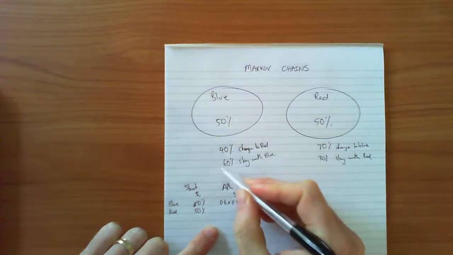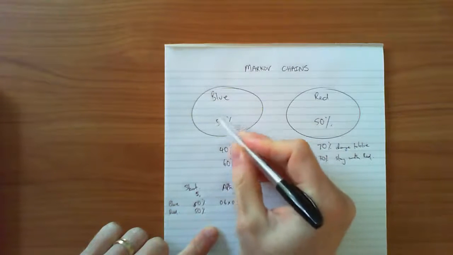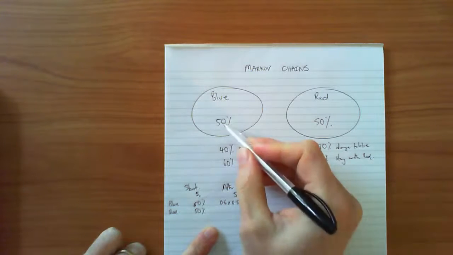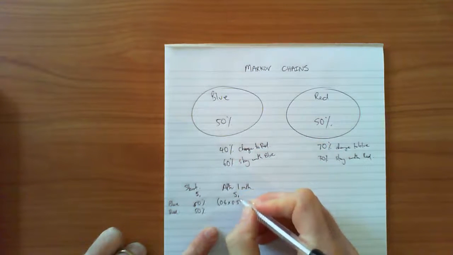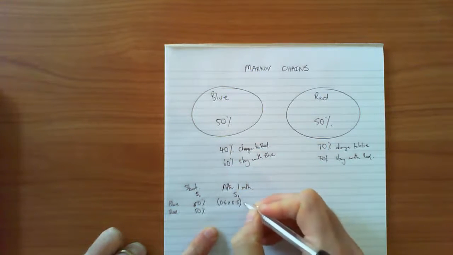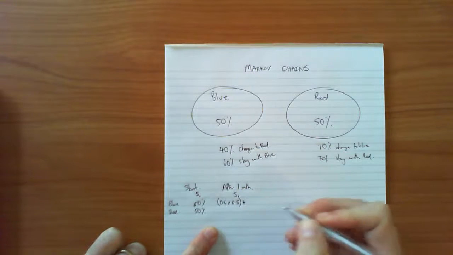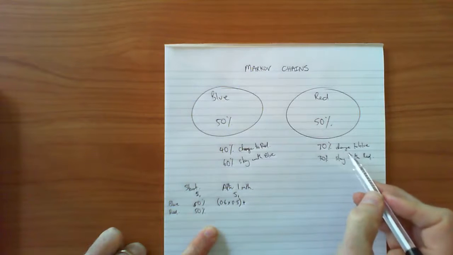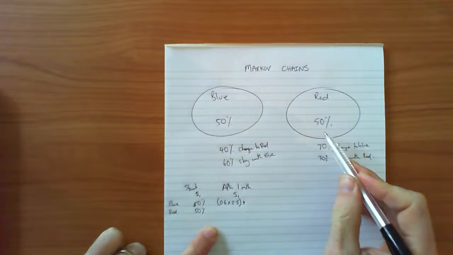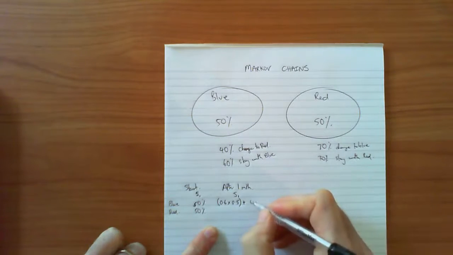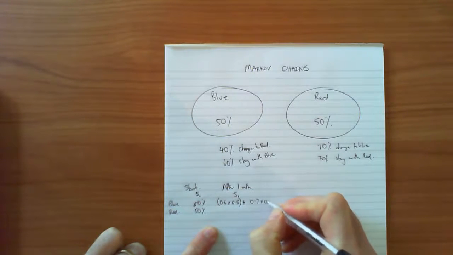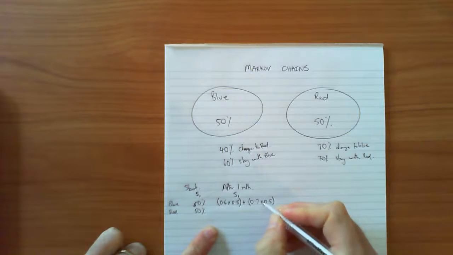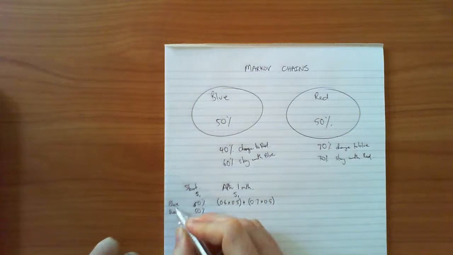This is the 60% of these guys. So 60% of, multiply, of these guys stayed with blue. But also some others came to blue. The others that came to blue were the 70% of these guys that changed over. So we could have 0.7 lots of these guys that actually now drink blue drink.